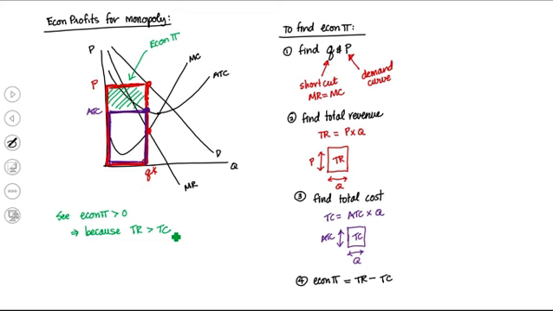So could I have a loss if I gave you a different graph? Sure. So we could see an economic profit being less than 0. Do we agree if economic profits are less than 0, we call that a loss? And that would be because total revenue is less than total cost.